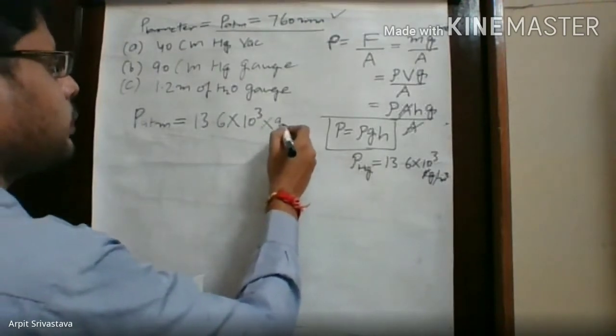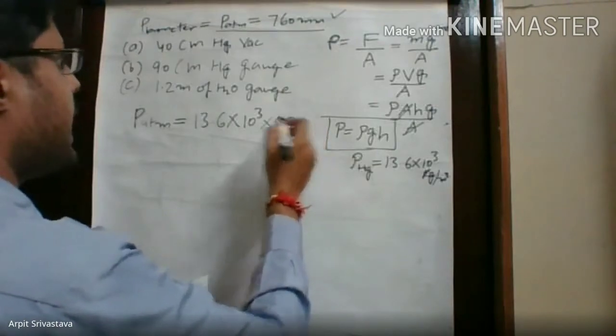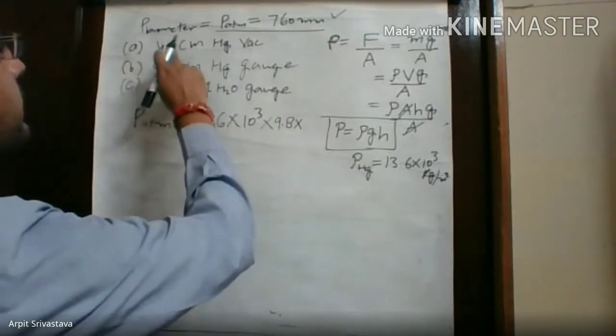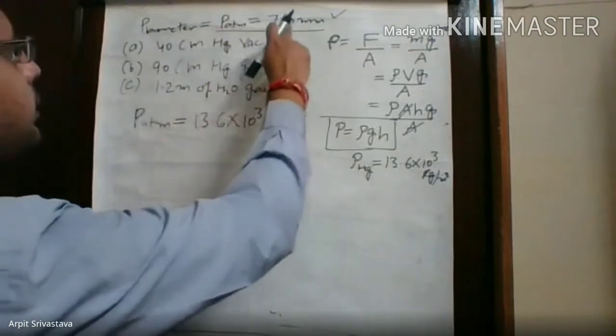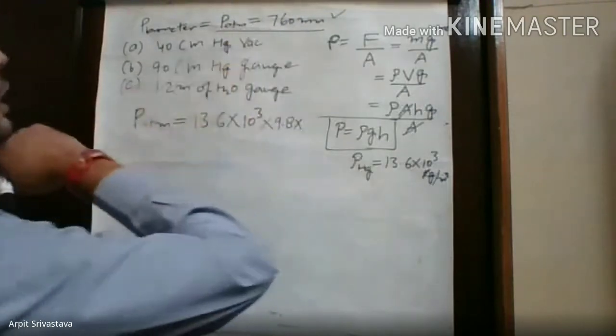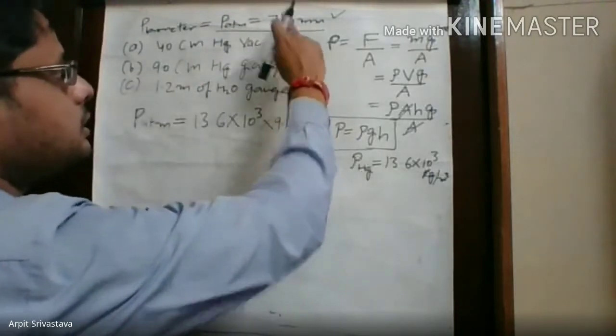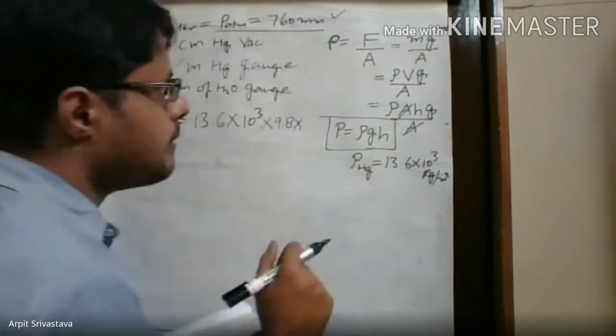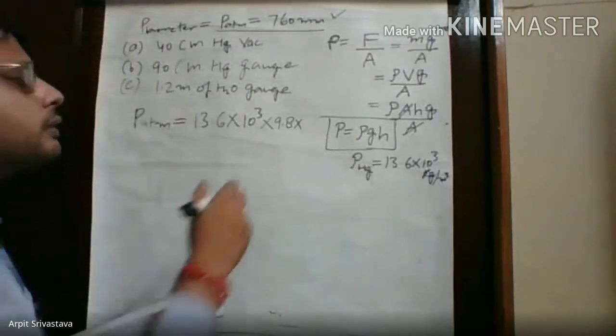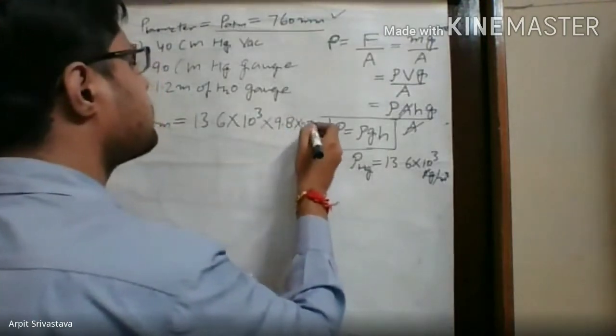g, that is 9.8 meter per second square, and h. What is h? We are talking about measurement of atmospheric pressure, so 760 mm of Hg. If we convert this 760 mm into meter, the value is 0.76.